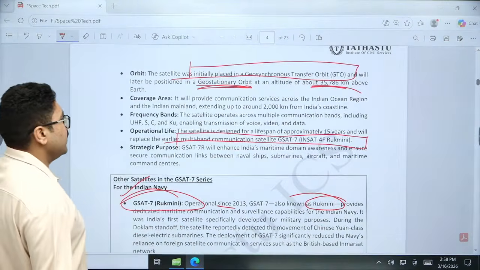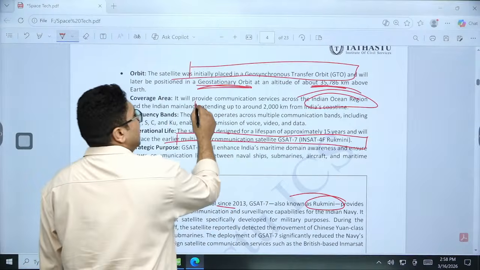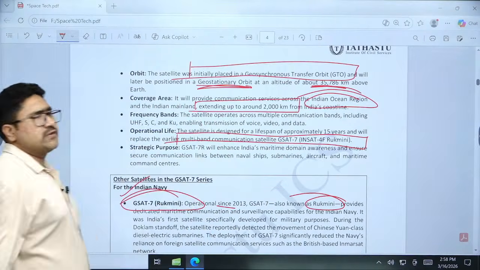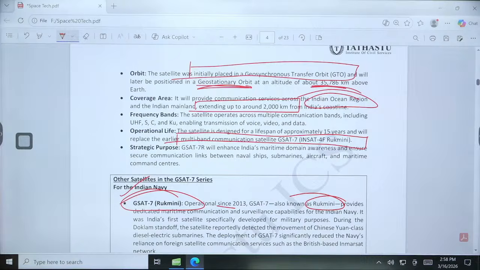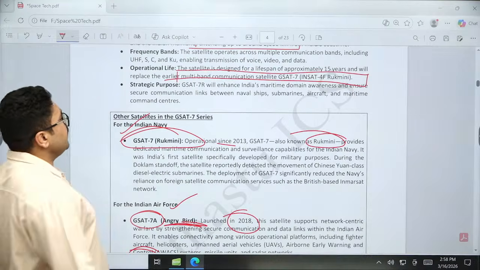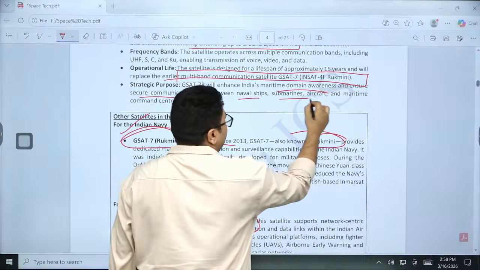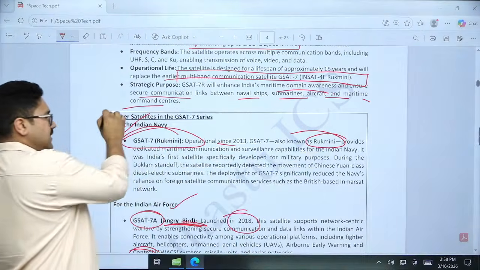It will be placed above the Indian Ocean region and will have the area coverage of about 2000 kilometers. Then 7R will be used by Indian Navy for maritime domain awareness, secure communication links between Navy ships, submarine aircraft, maritime command centers.